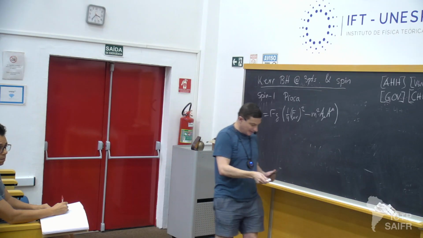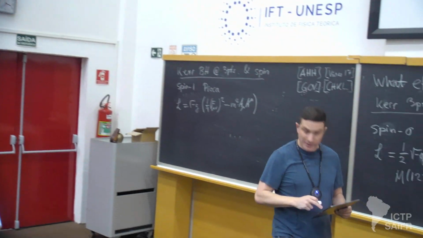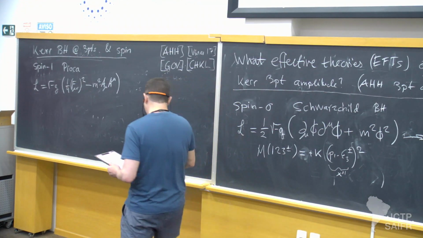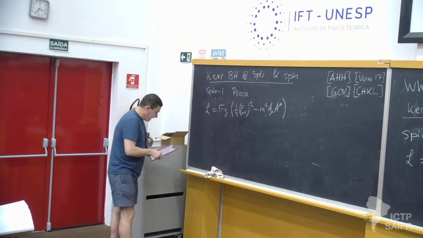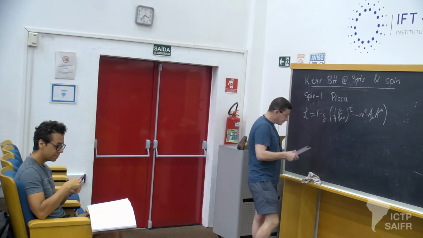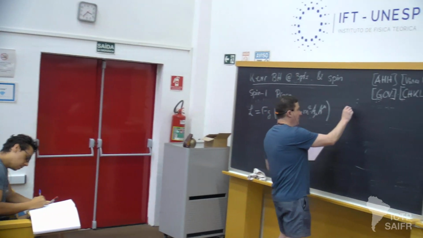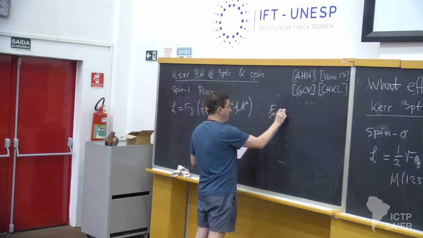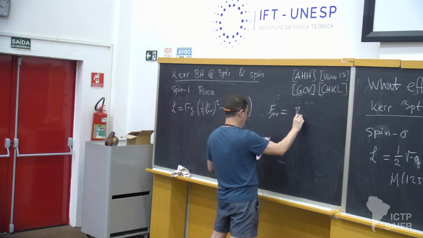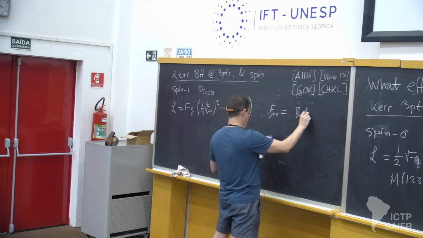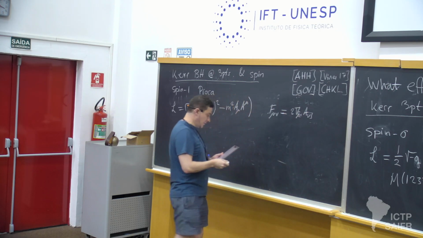You might object that it doesn't look very gauge invariant. It doesn't matter. It is. It's just a gauge-fixed version of a gauge invariant action for U(1). Here it's important to remember that the field strength is something like the covariant derivative of A, antisymmetrized, maybe a factor 2 for good measure.